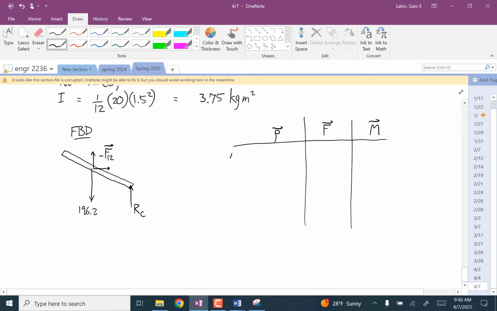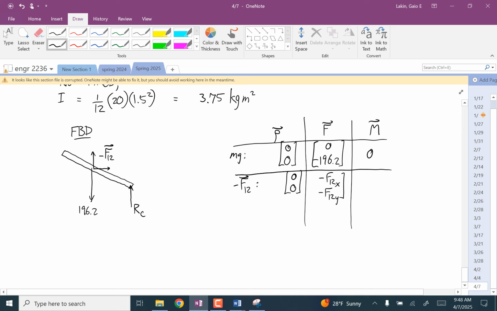All right, so I'll start with the weight force. The row vector is 0. Force vector is negative 196.2 in y. Cross product is 0. Then negative F12, row vector is 0. The force is negative F12x, negative F12y. Cross is 0. And then finally RC. A row vector is the vector from the about point to where the force is applied.